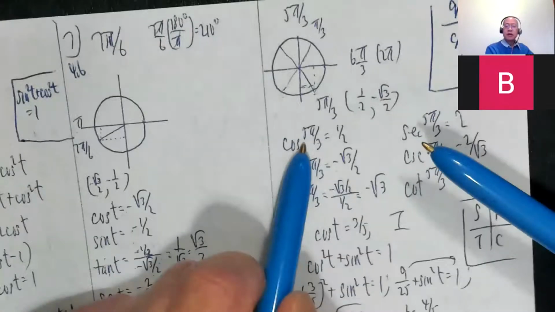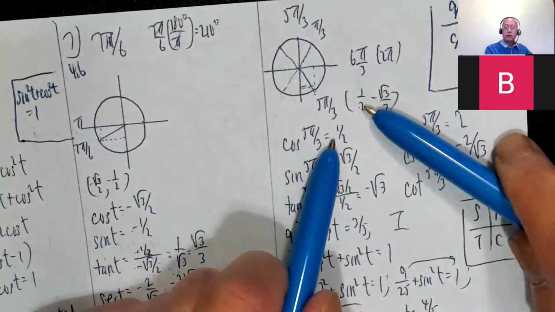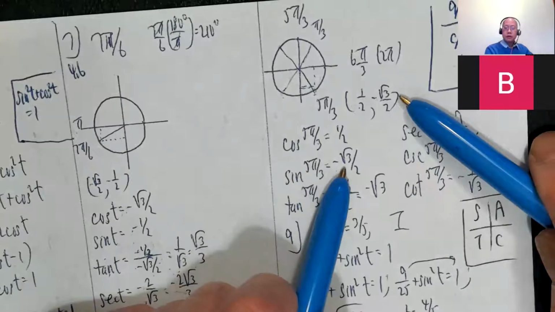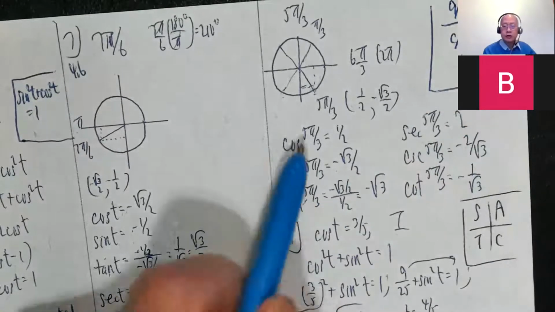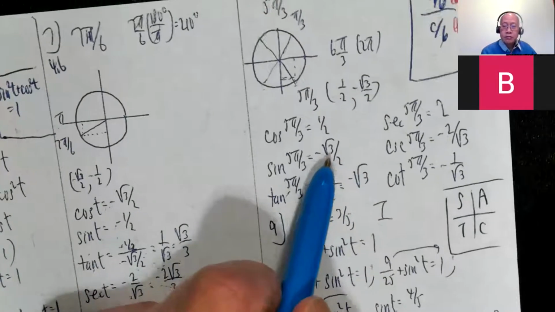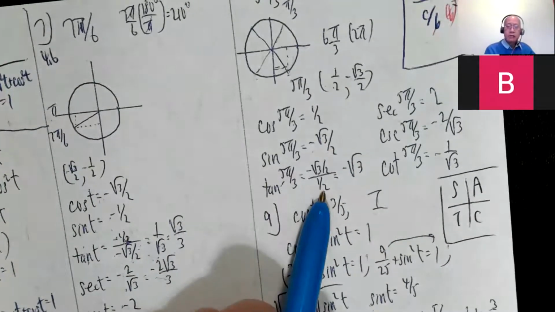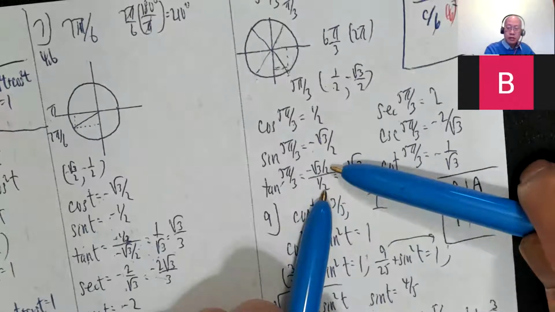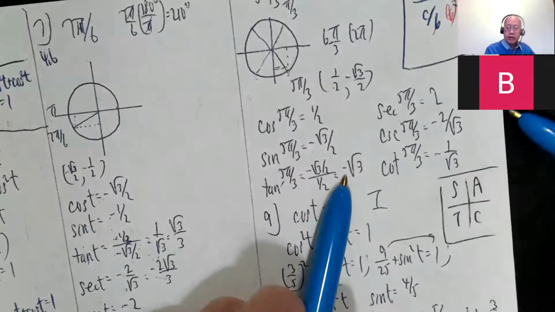Cosine 5π/3, x coordinate. Sine 5π/3, y coordinate. Tangent, sine over cosine, negative radical 3/2 divided by half. Play that game, just lose the halves, divide by 2. So it's negative 3/1, negative radical 3.